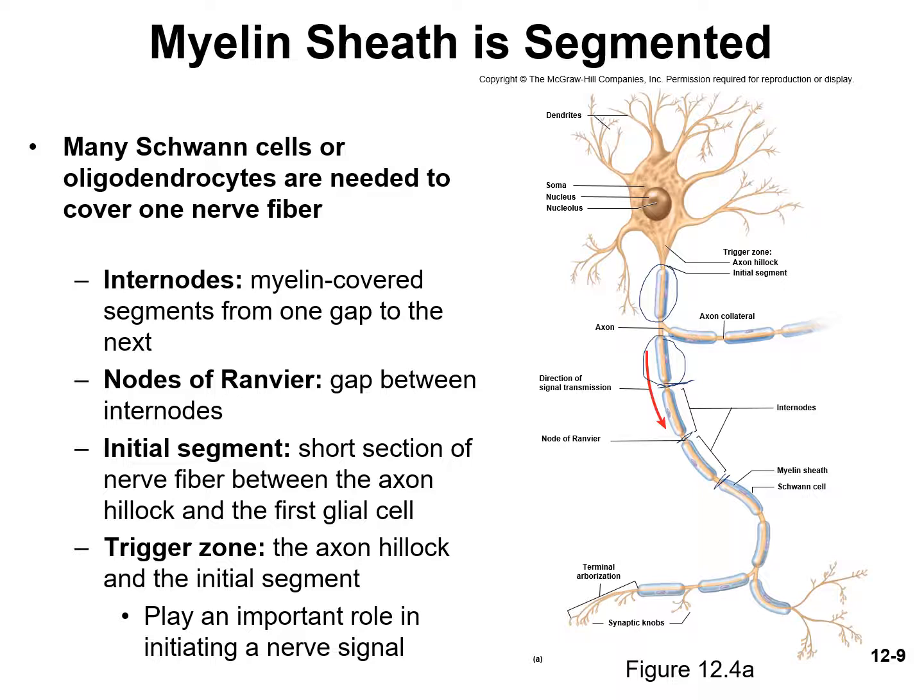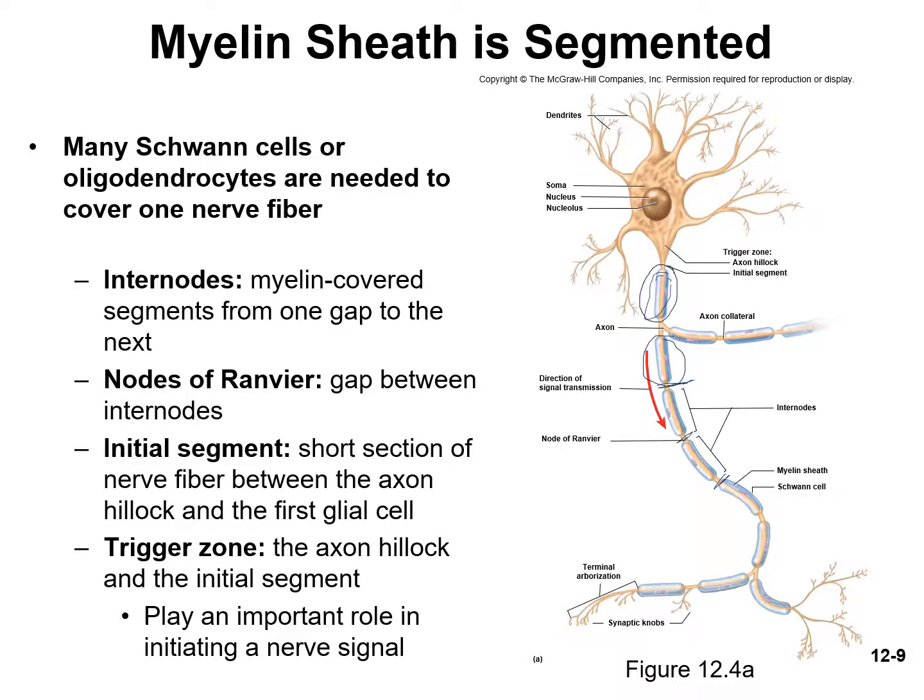The initial segment is the short section of the nerve fiber, or the axon, that is between the axon hillock and the first glial cell, the first wrapping of the myelin. And then the trigger zone is the axon hillock and the initial segment.